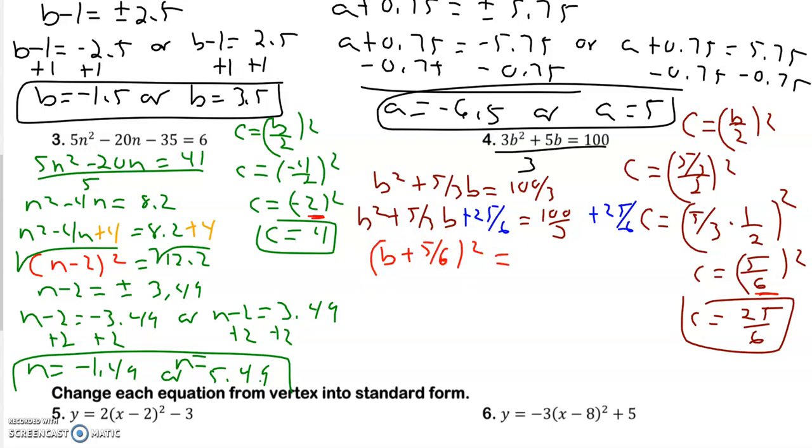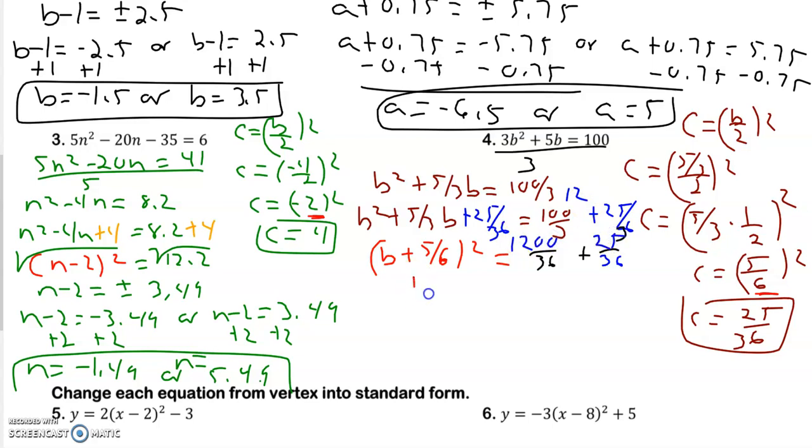Equals, and then you're going to need to get a common denominator. My common denominator is 36. So this is 36. I didn't think about that. So it's 36. And then I have to multiply this by 12 to get 1200 over 36, plus 25.